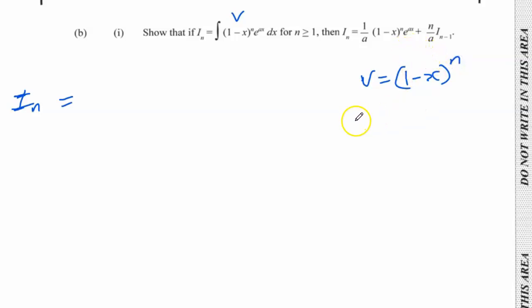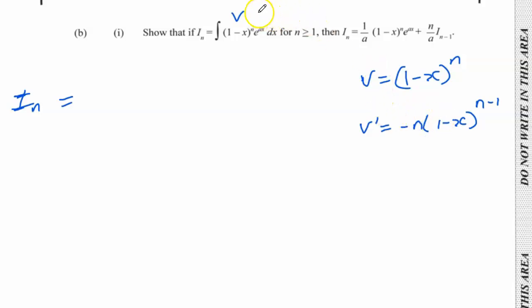If I find the derivative of v, differentiating v, I would get n times 1 minus x to the power n minus 1, and then multiply by the derivative of the inside, so chain rule, I would end up with minus n outside here. Differentiate negative x is negative 1, right?